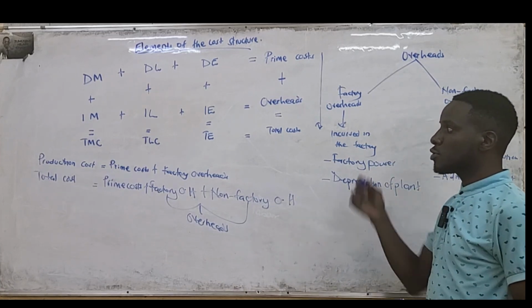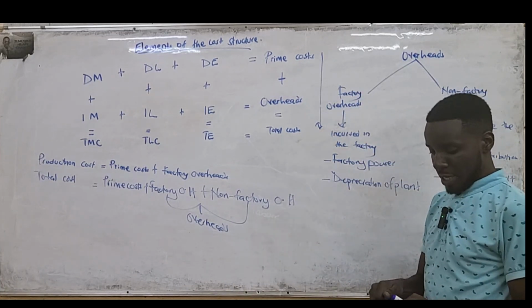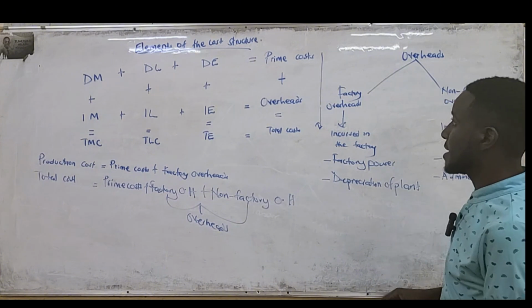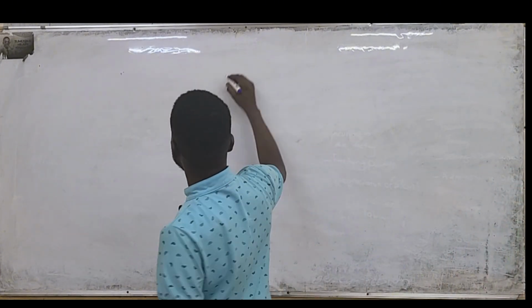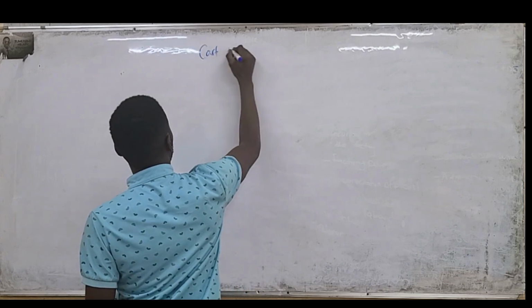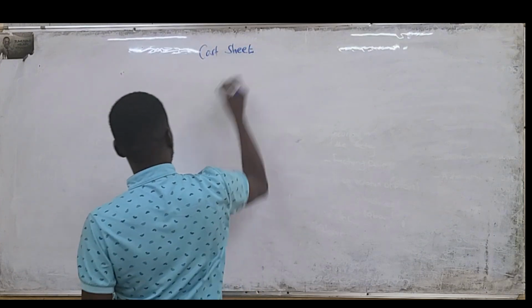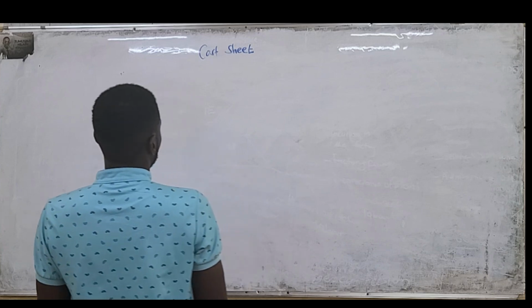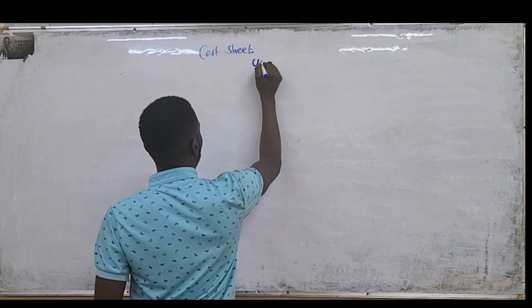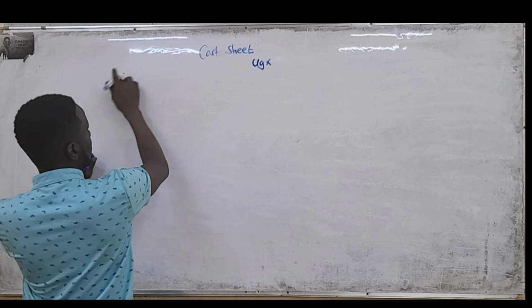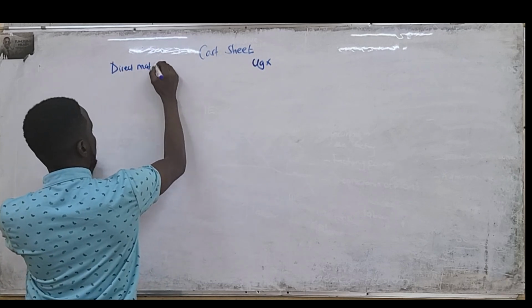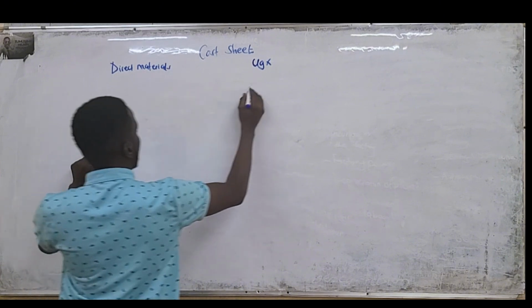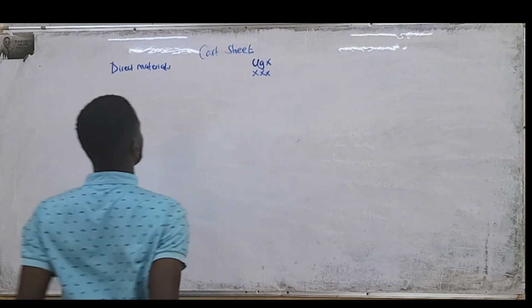So allow me, I'm going to draw up what they call the cost sheet, and then our understanding will be enhanced. So let us look at the cost sheet. We shall begin with what we call the direct materials.